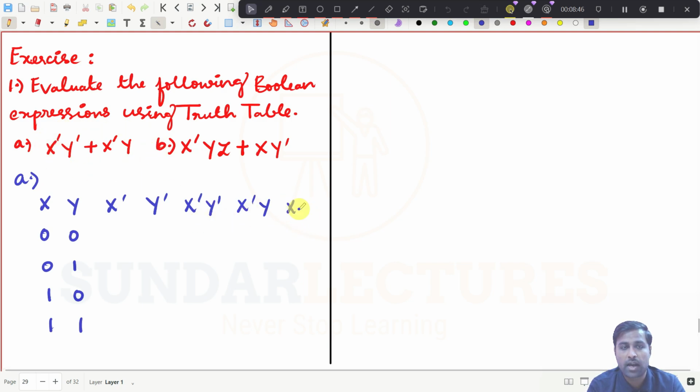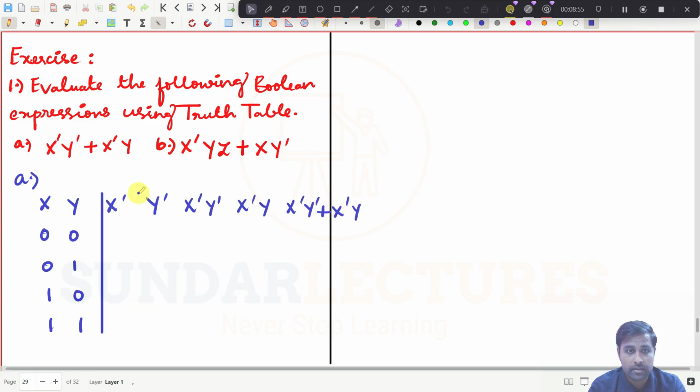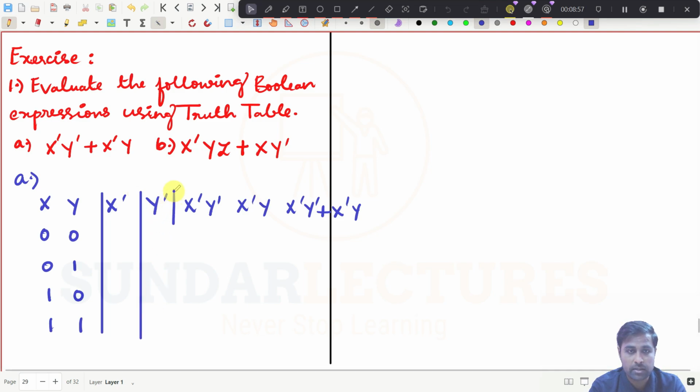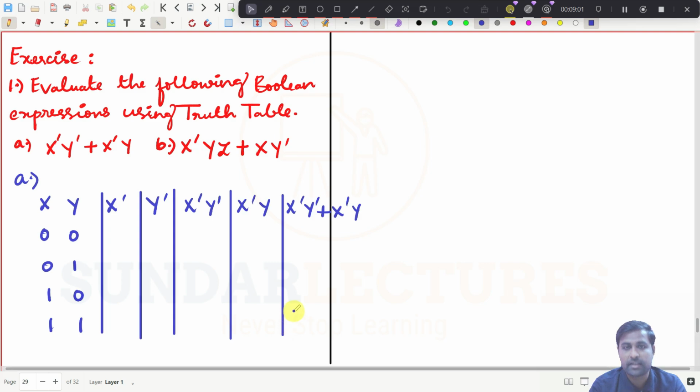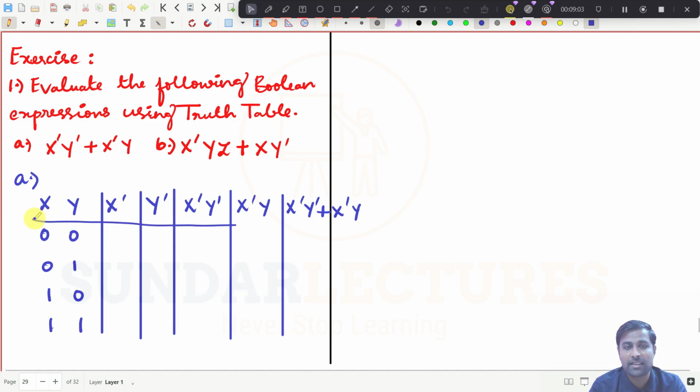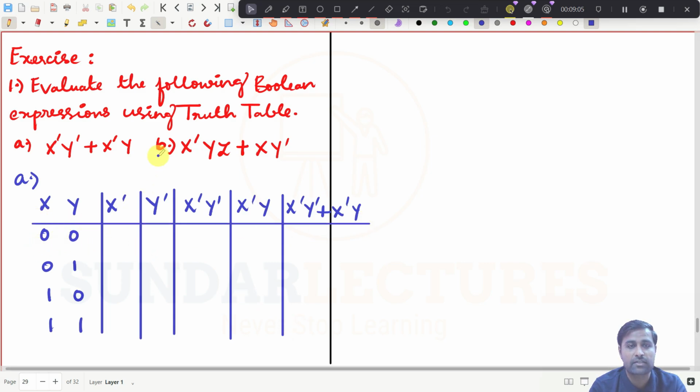So this is like plus and then x dash y. I will just put a line here. This one separately, this one separately, and then these two separately. This is the thing you have to find using the truth table.